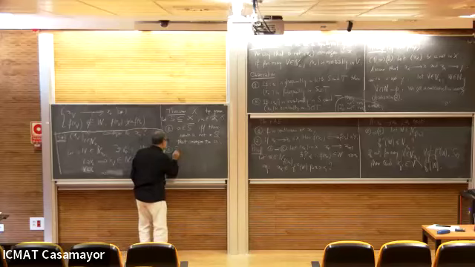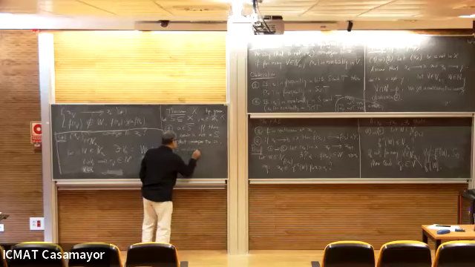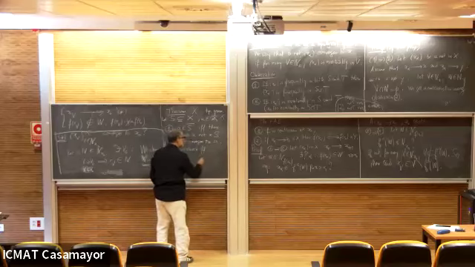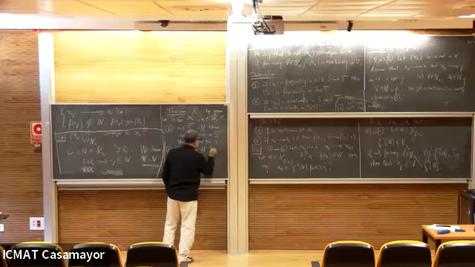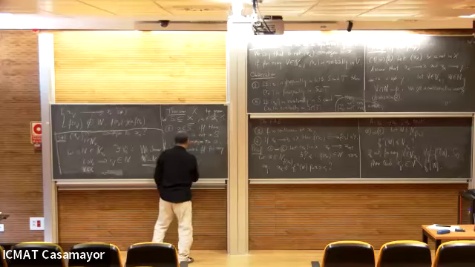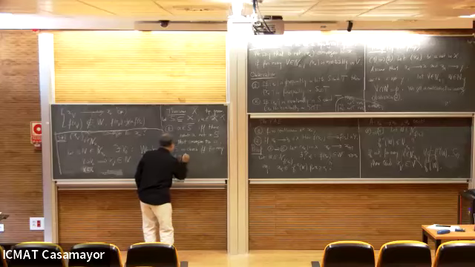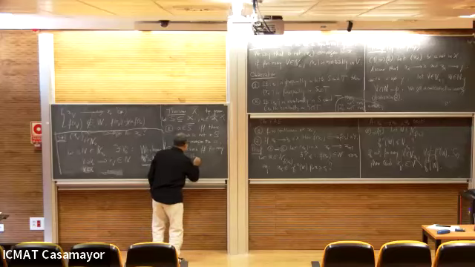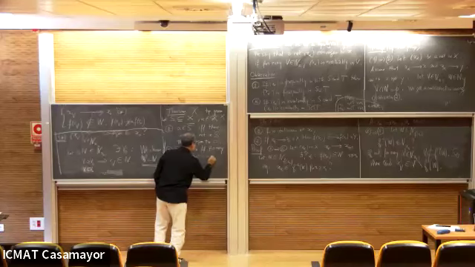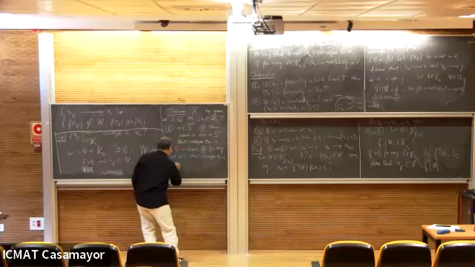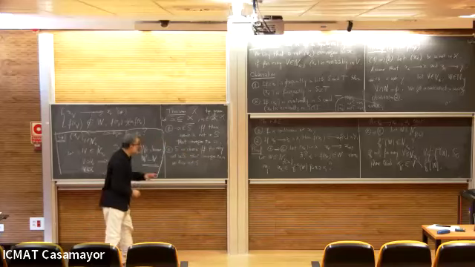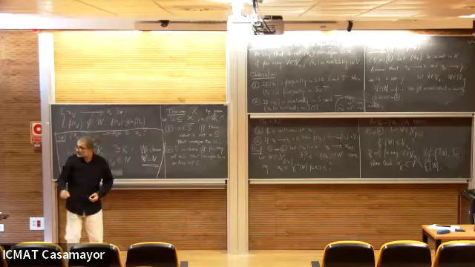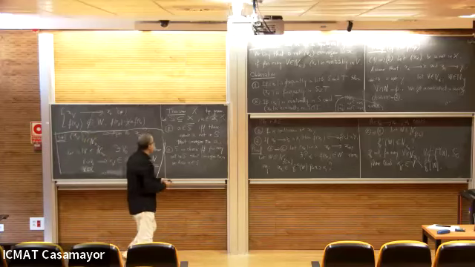So S is closed if and only if for every net in S that converges to A, we have A in S. So S is closed under taking limits. And we also characterize open sets.